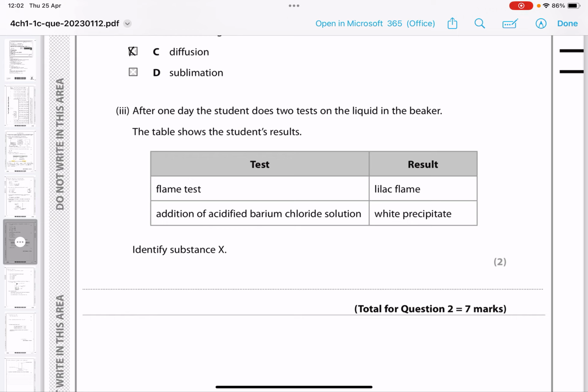Identify substance X. Okay. So flame tests, you must familiarize yourself with them. There's quite a few to learn. But if it's a lilac flame, it means that the metal is potassium. Potassium gives you a lilac flame. And the anion is going to be sulfate.